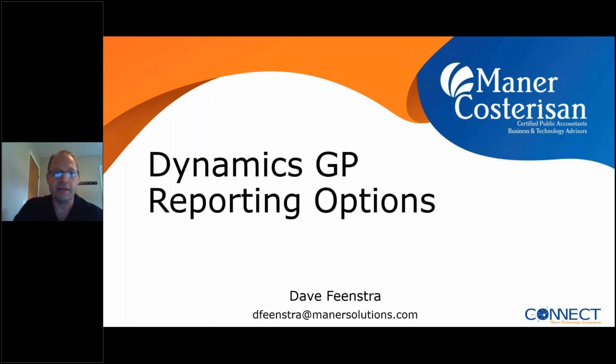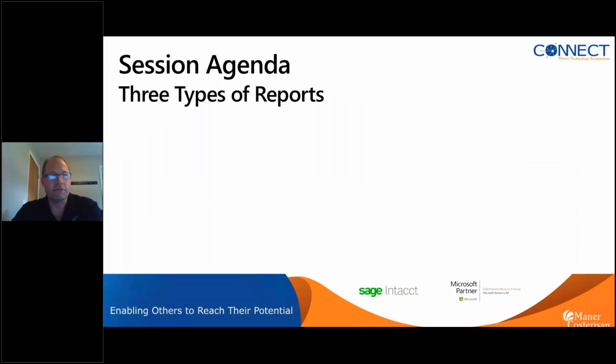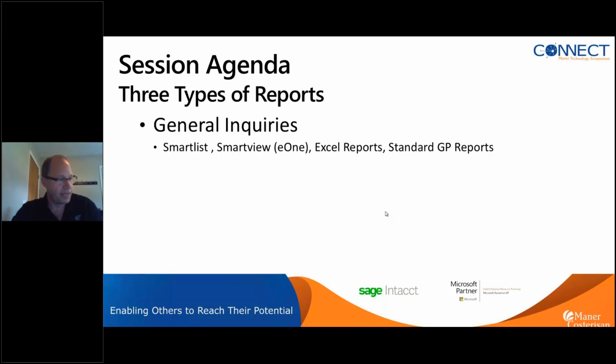So the agenda for today is going to be looking at the three basic types of reports that people are trying to get out of GP. And those types are general inquiries, which you just are trying to look up data. You know, there's the inquiry screens in GP, but you're just trying to grab some data. You're not trying to format any reports. And so we're going to look at Smart List, which is kind of the default built-in tool that GP has for retrieving data.